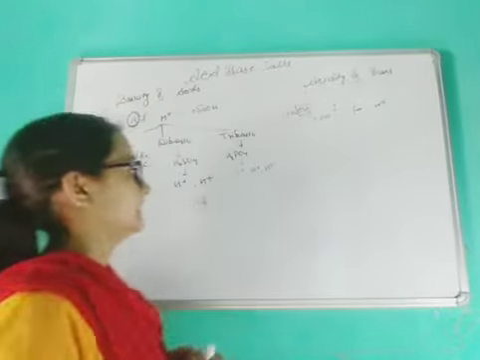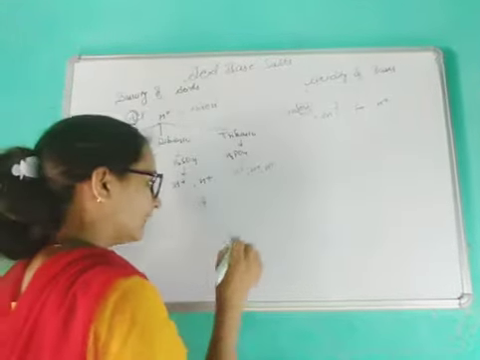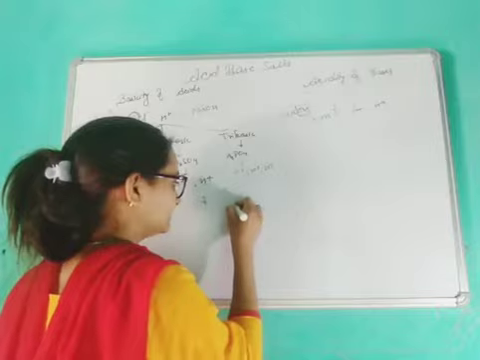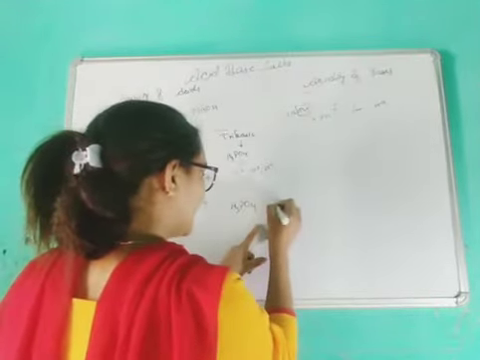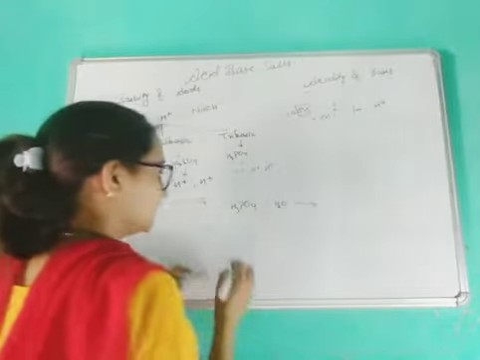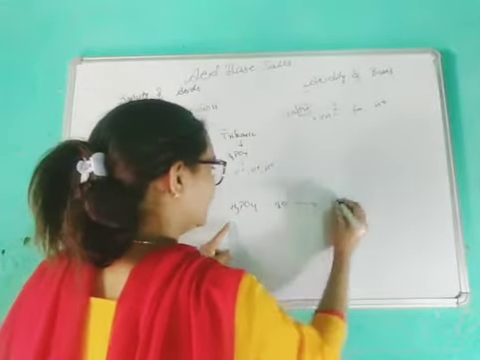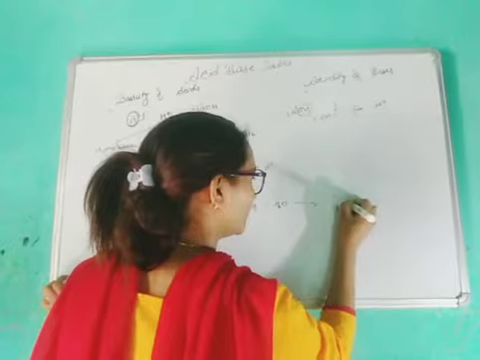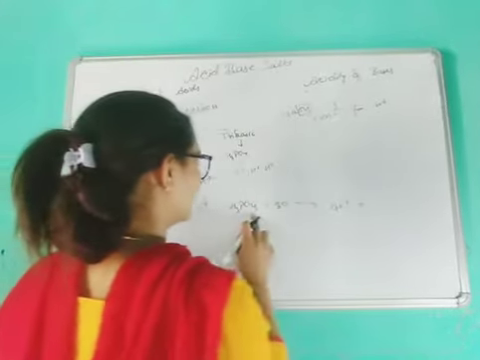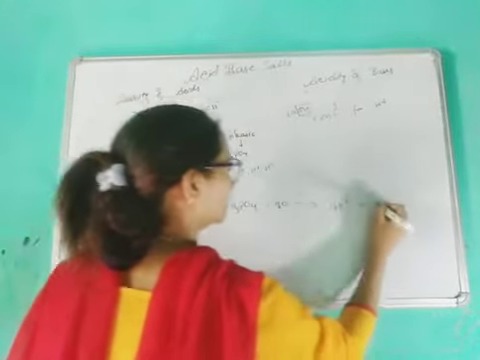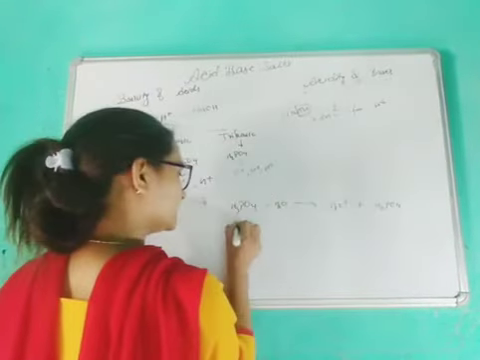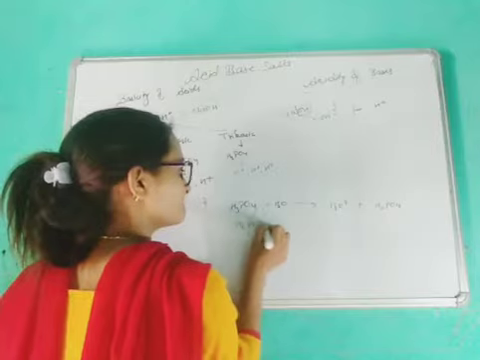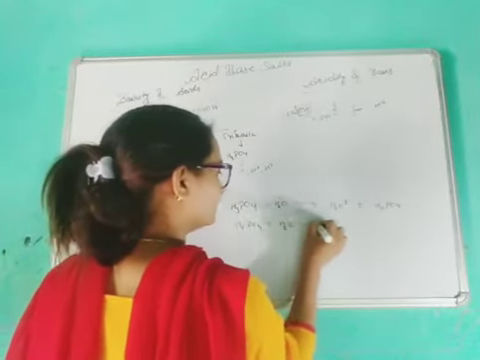Now see how the reaction will happen. H3PO4 will react with H2O. One hydrogen will transfer here. It will become H3O positive plus, now left is H2PO4 negative. Now H2PO4 again reacts with H2O.